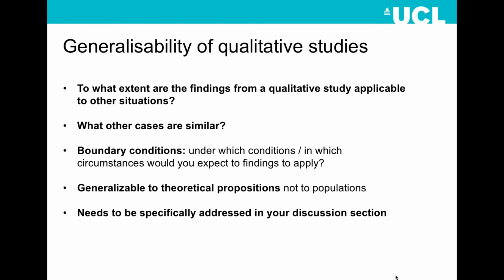In case that we want to generalize the results, we will generalize the theoretical proposition, obviously not to the populations. All these issues around generalization will be addressed in your discussion section or included in your limitations section.